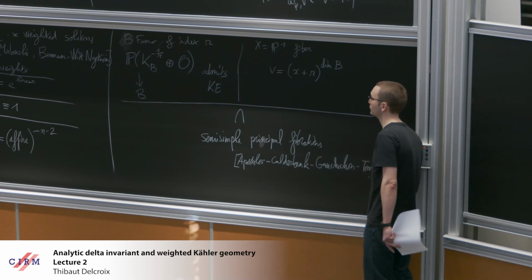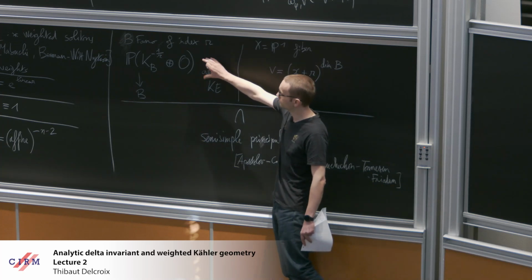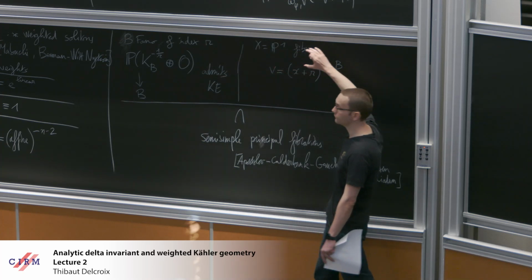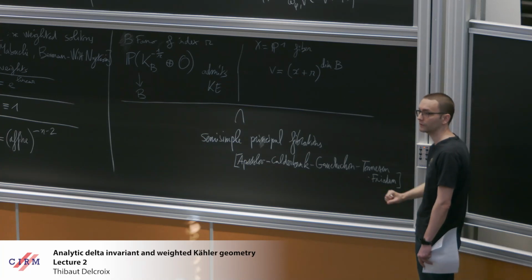And so this is a very large class where existence of canonical metrics on the total space of the fibration reduces to existence of weighted canonical metrics on the fiber.